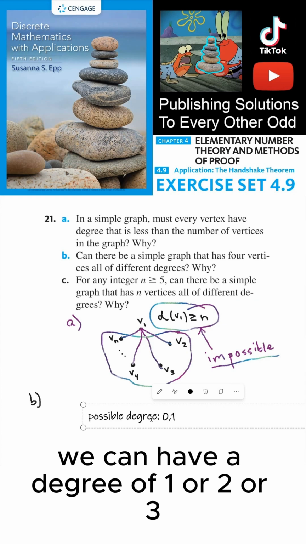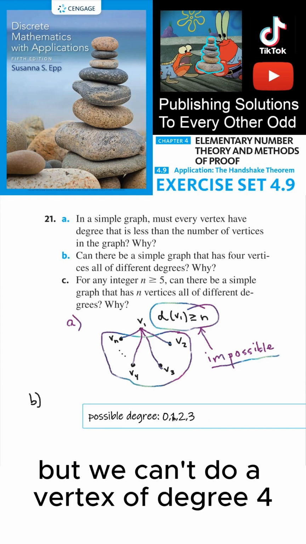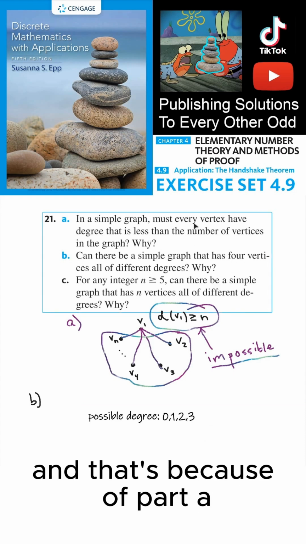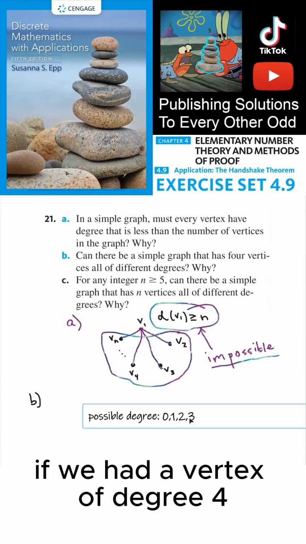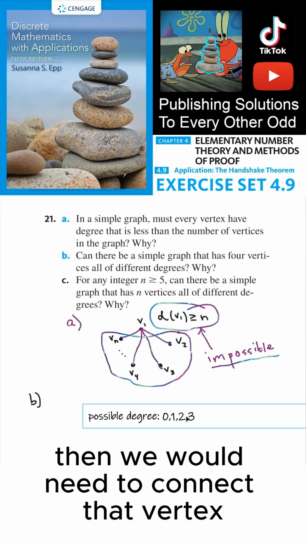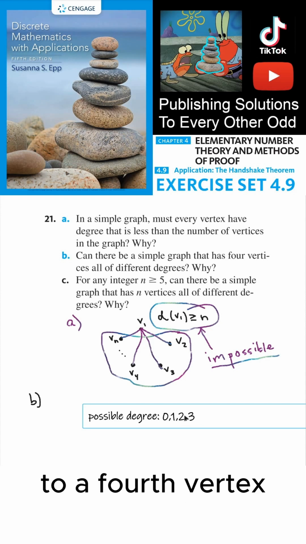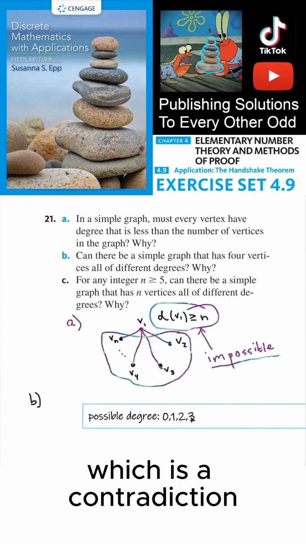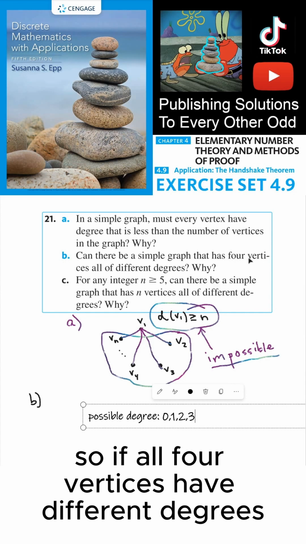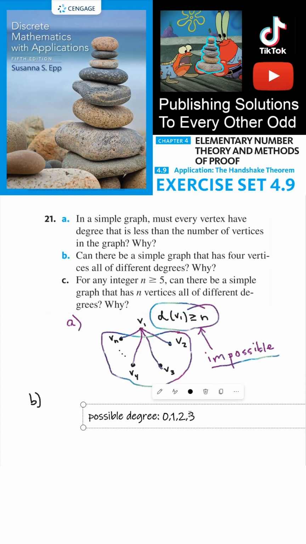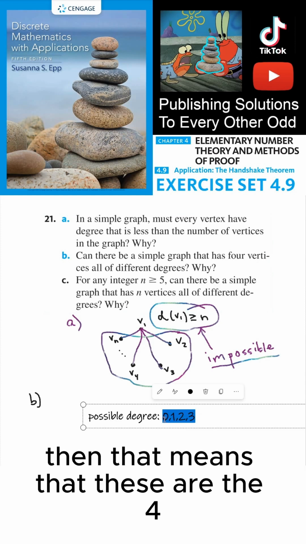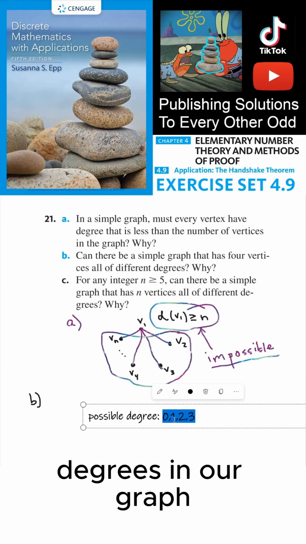We can have a degree of 1 or 2 or 3, but we can't have a vertex of degree 4 if there are only 4 vertices, and that's because of part A. If we had a vertex of degree 4, then we would need to connect that vertex to a 4th vertex, which means we would need to connect it to itself, creating a loop, which is a contradiction because this is a simple graph. So if all 4 vertices have different degrees, and these are the only possible degrees that these vertices can have, then that means that these are the 4 degrees in our graph.